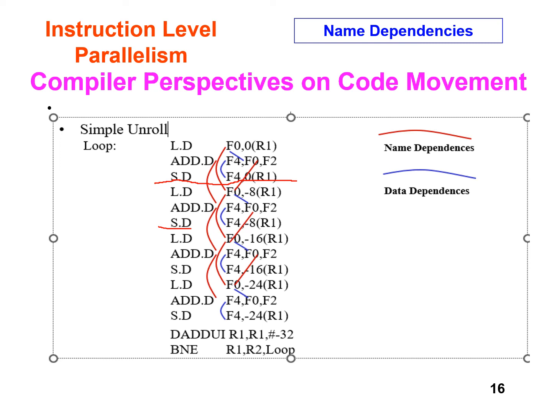What we are going to do is make some changes in the instructions: execute them in an out of order way so that we can avoid the dependencies, and also use the register renaming technique. We rename the register values so that we can avoid the data dependencies and name dependencies.